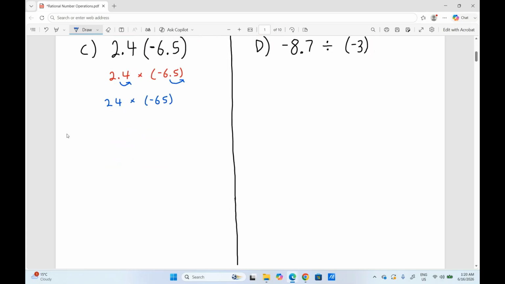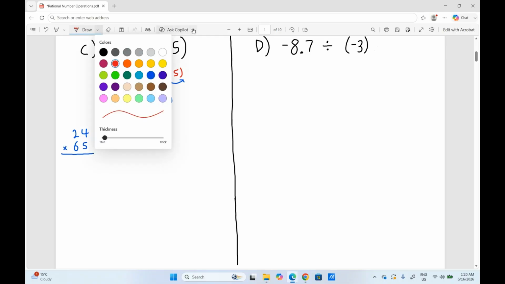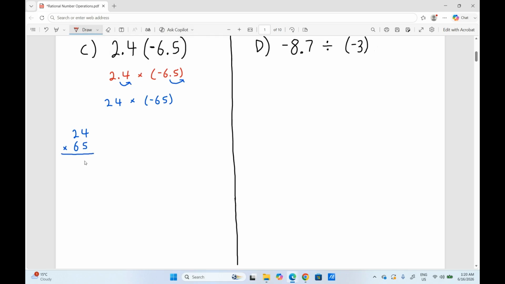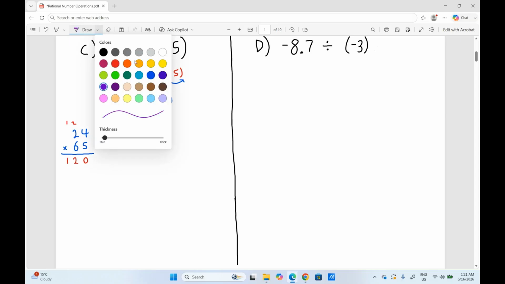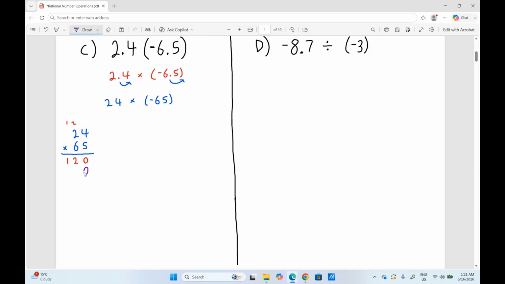So if I were to multiply this, I'm going to have 24 and then 65. Okay. 5 times 4 is 20. 5 times 2 is 10. I add the 2 down. That gets me 12. And now I'm going to add a place value holder and multiply 6 by every number. 6 times 4 is 24. 6 times 2 is 12.